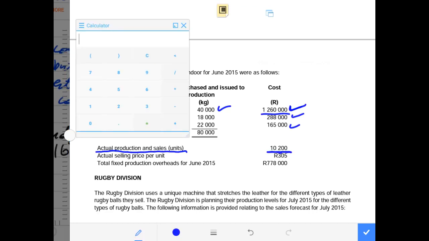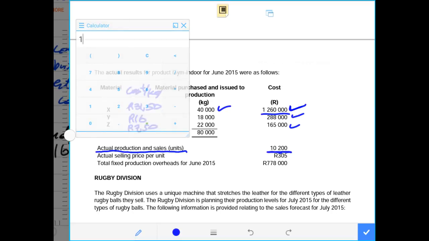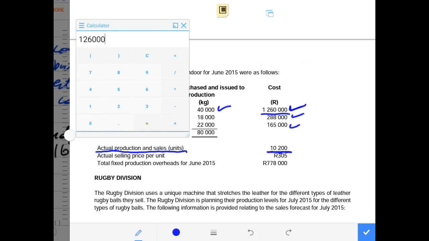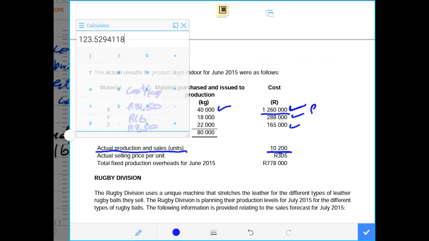So the company expects to manufacture 10,200 units. If we want, we can take the cost of 1,260,000 divided by 10,200, which gives me 123.53. So if I want, I can use my cost per unit as 123.53.